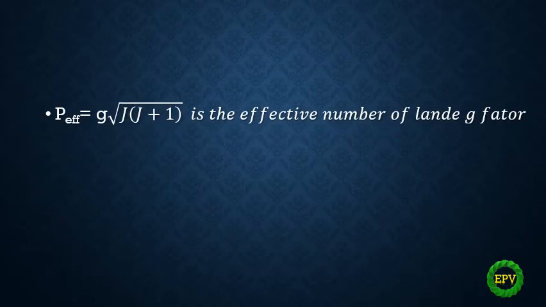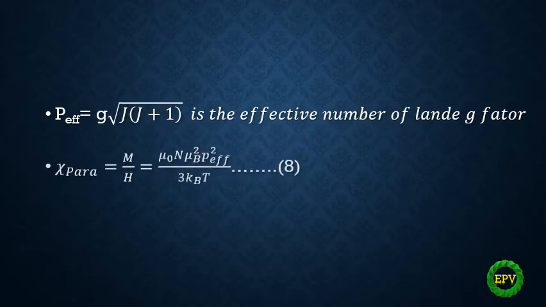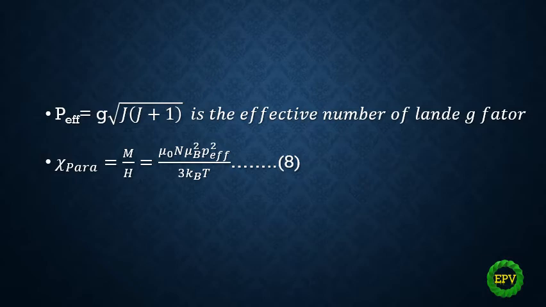If P effective is the effective number of Bohr magnetons, then we can replace g root of J into J plus 1 in that equation by P effective, so susceptibility is equal to mu 0 N mu B square P effective square by 3 kBT.